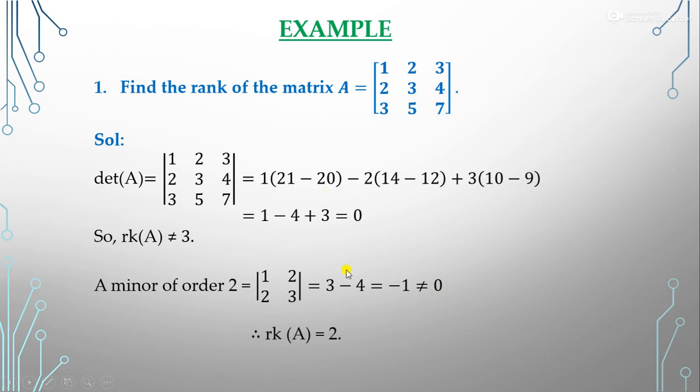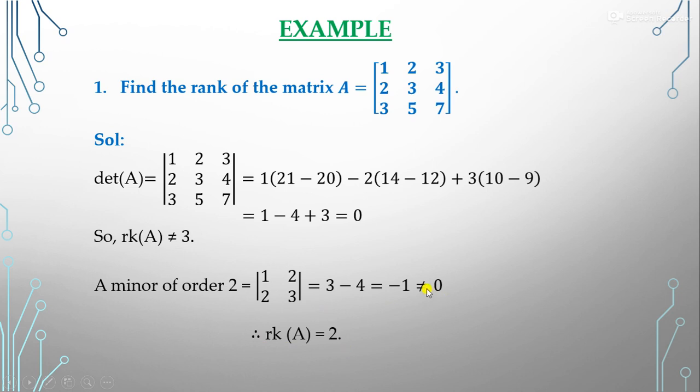Okay, if suppose this minor is equal to 0, now you have to check another minor value. If this minor is again 0, then again you have to check another minor. Like that you have to check all minors. If all are 0, the rank is not 2. If any one is not equal to 0, you stop there, and you have decided that your rank is 2.